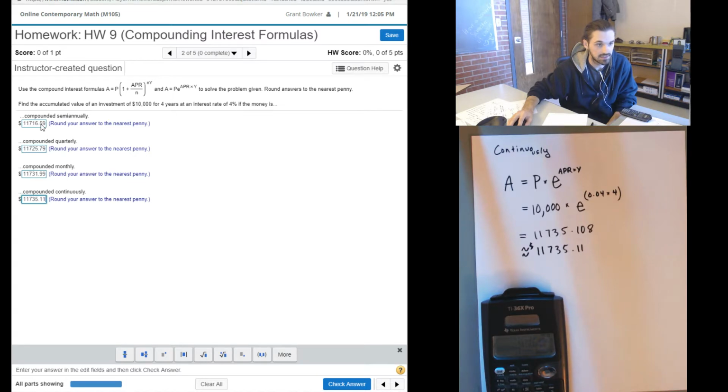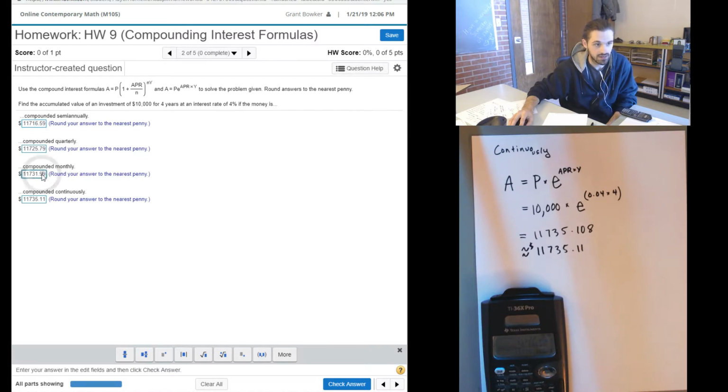Okay, so something to take note of: these numbers gradually increase. When we went from semi-annually to quarterly, there was an increase. From quarterly to monthly, there was an increase. And from monthly to continuously, there was also an increase. That makes sense because with interest compounded semi-annually, your interest is applied twice a year.